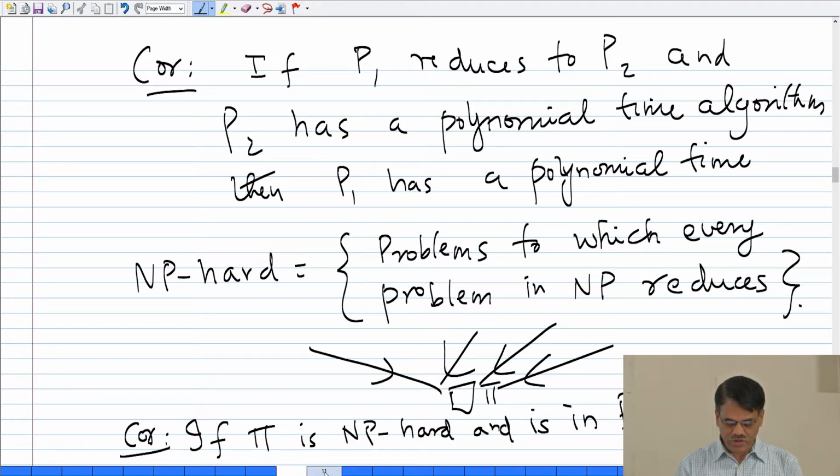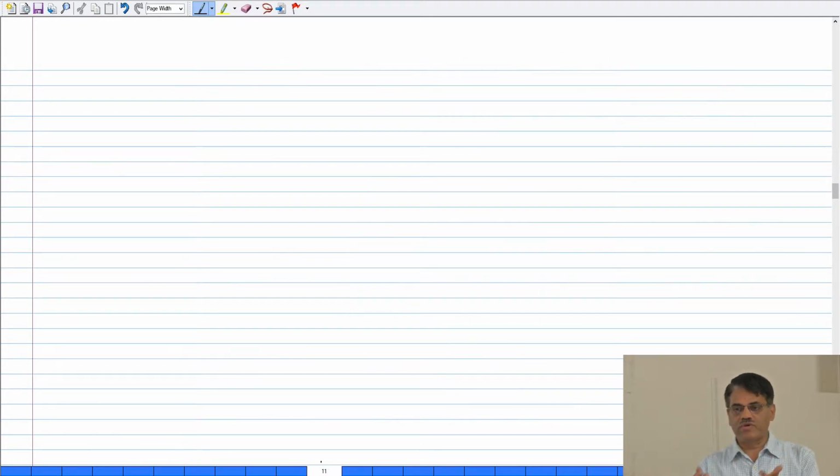Okay, so, now back to the question, how do we show that every problem in NP reduces to a particular problem? That looks hard, because there are an infinite number of problems, that is number one. Number two, is there some problem at all which is NP hard? I will answer one of the two questions.